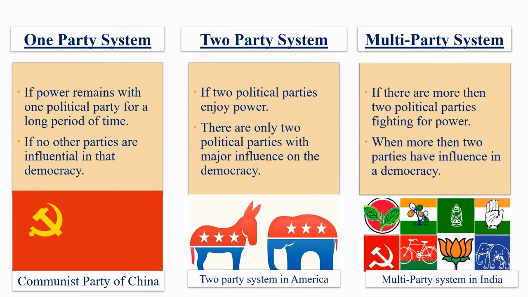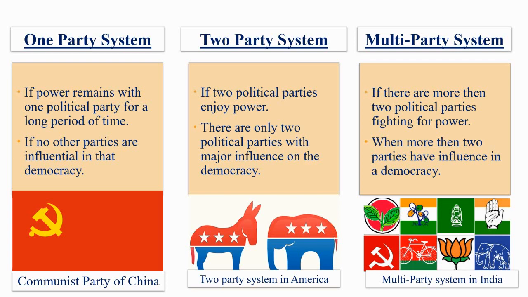One party system basically means the power remains with one political party for a long period of time and there is no influence of any other political parties. One example of one party system is the Communist Party of China.